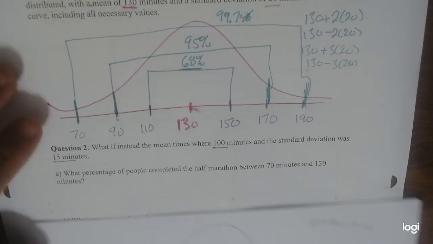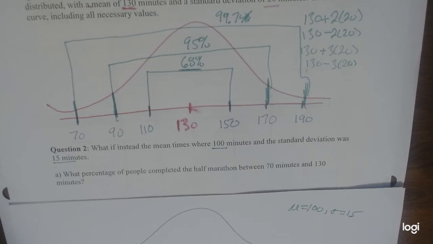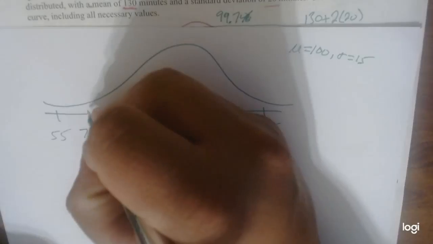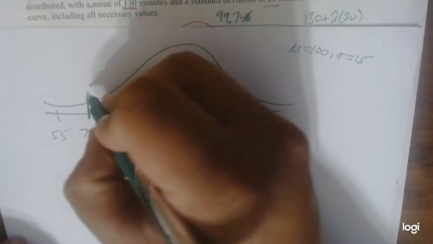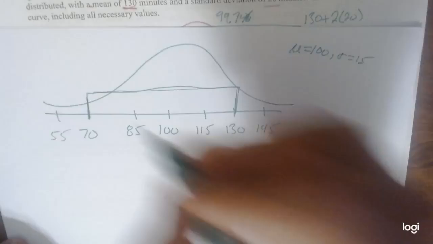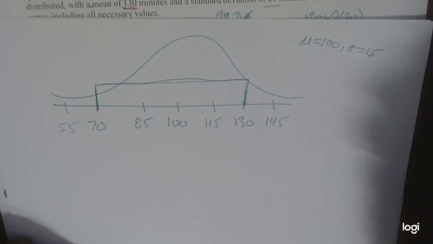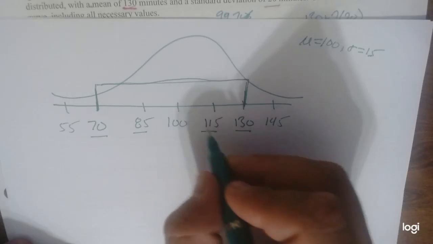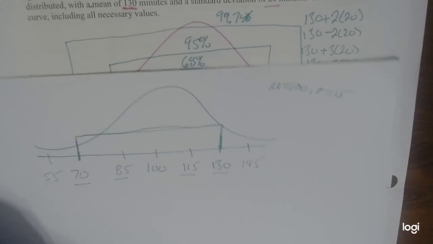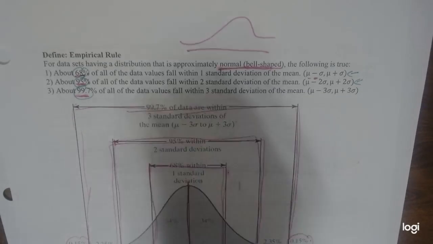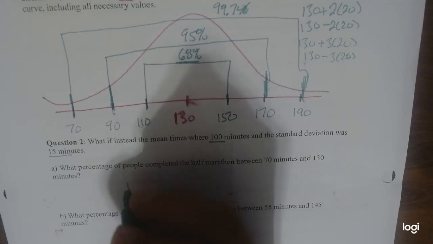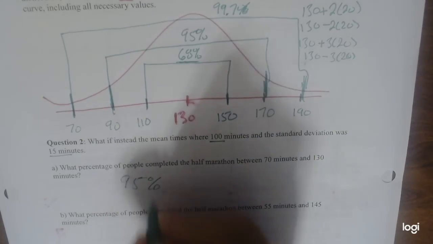Now look at our question. What percentage of people completed the half marathon between 70 and 130? Here's 70 and 130. How many standard deviations away is that? This is 1, and this is 2, so I'm 2 away. Since I'm 2 standard deviations away, according to our empirical rule, that guarantees 95%. So the answer is 95%.